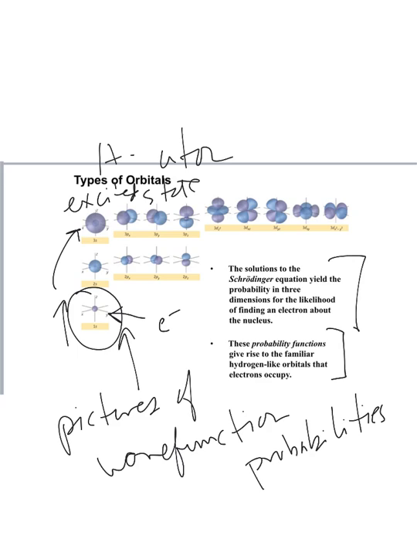It's much, much bigger than a 1s, and actually there's like a little bead inside where it even has a higher probability of being. Remember again that these are maps of probabilities. You really shouldn't think of them like a peanut shell with something bouncing around inside. There are different places, let's say close to the nucleus, where there's a high probability, and then there's a lower probability out here, and then there's no probability outside the thing.